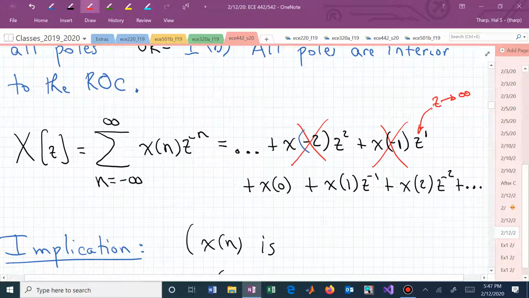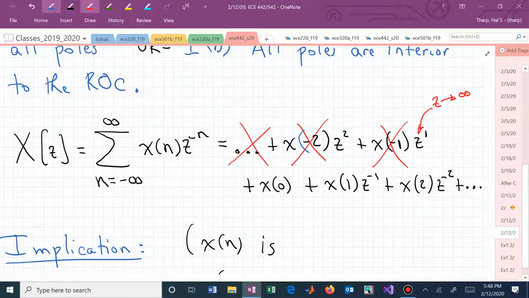That means that one has to not be there. And do you see that all of those negative indices time sequence values have to not exist? They have to be 0. The other terms are well behaved when z goes to infinity, because you're dividing by a z or a power of z, and those are well behaved.